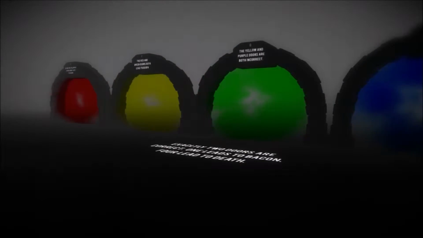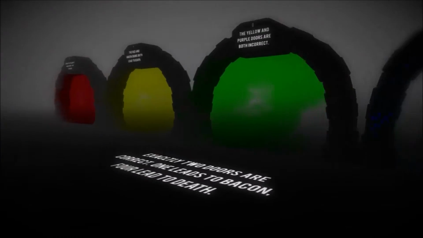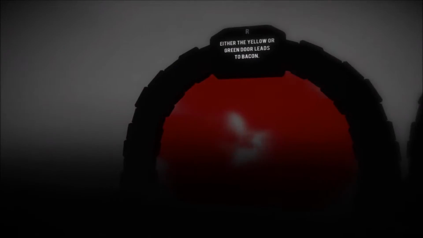Yeah, so blue would make the most sense because if yellow was incorrect, purple would have to be incorrect, if green was correct. If green is incorrect, that would mean purple is correct, and red is the way to bacon, which would mean that yellow and green do not lead to bacon. Right? Am I doing that right?